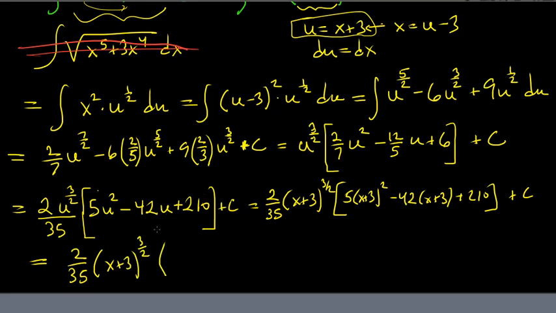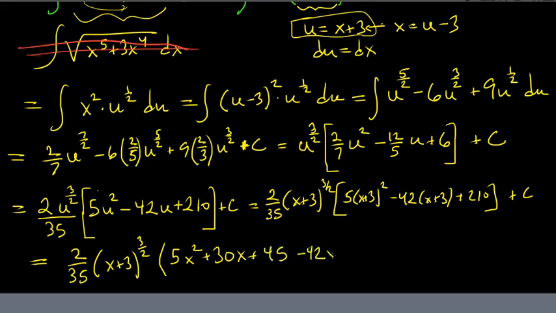This will end up being what? X squared times 5, so 5x squared plus 6 times 5 is 30, so 30x plus 9 times 5 is 45.